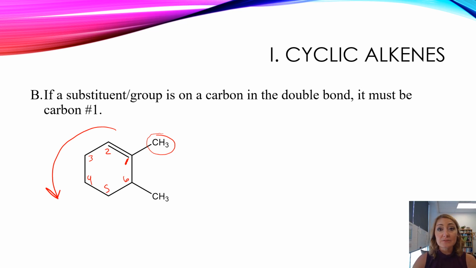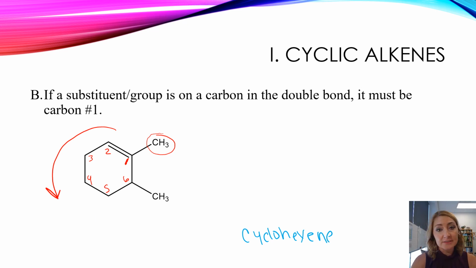This might goof you up if you see it on homework or a quiz or a test, just because we know we can get a lower numbering system by counting it in the opposite direction, but that is not the correct way to do it. So we are dealing with cyclohexene. I'm going to go ahead and give us our parent name.